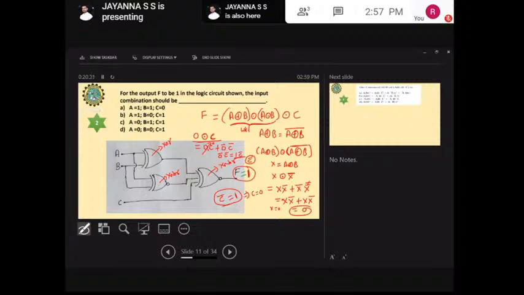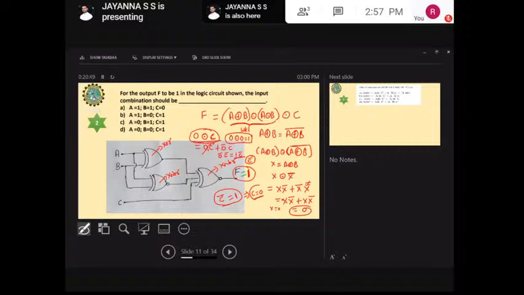If you put C equal to 0 here, you know that 0 XNOR with 0, you are going to get 1.